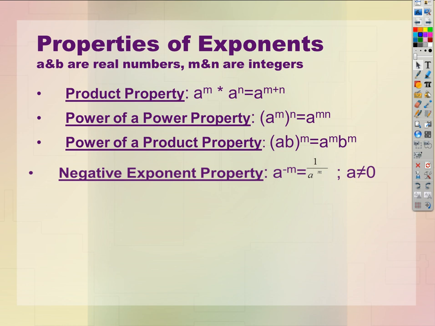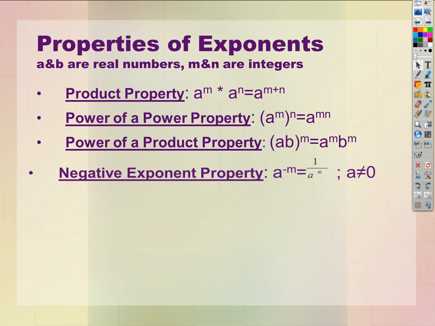Negative exponent property. Okay, this is a really simple one, but it's important too. Here's the way we've probably talked about this, this year and in the past. If I have a negative exponent, what does that negative exponent mean? Right, it becomes positive on the bottom, right?